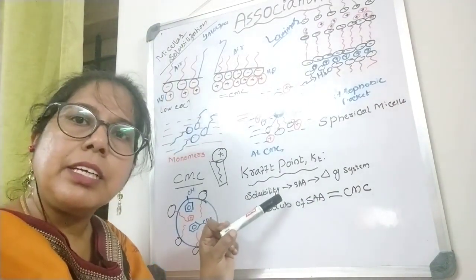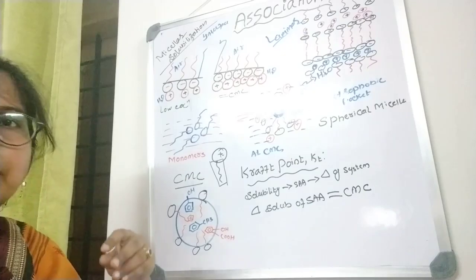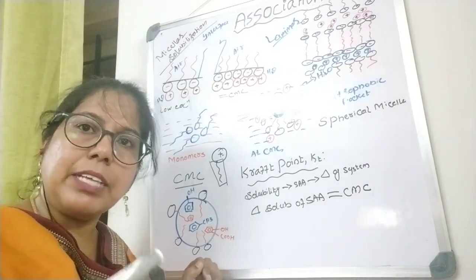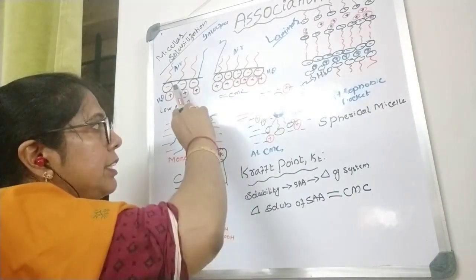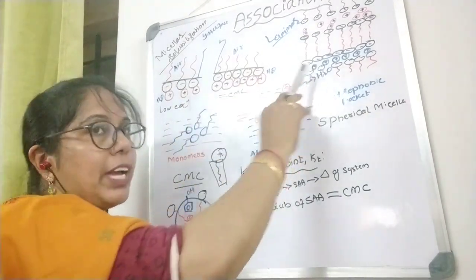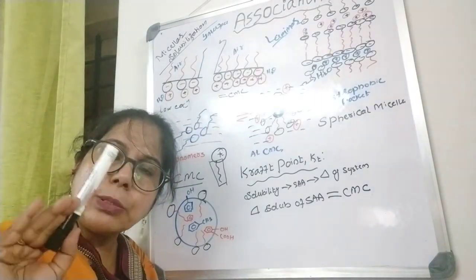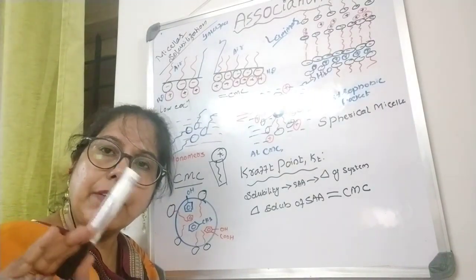And here again we can talk about micellar solubilization if they ask. These 5 pictures, 1, 2, 3, 4, 5, you have to write if they ask about association colloids, for 5 or 7 marks.